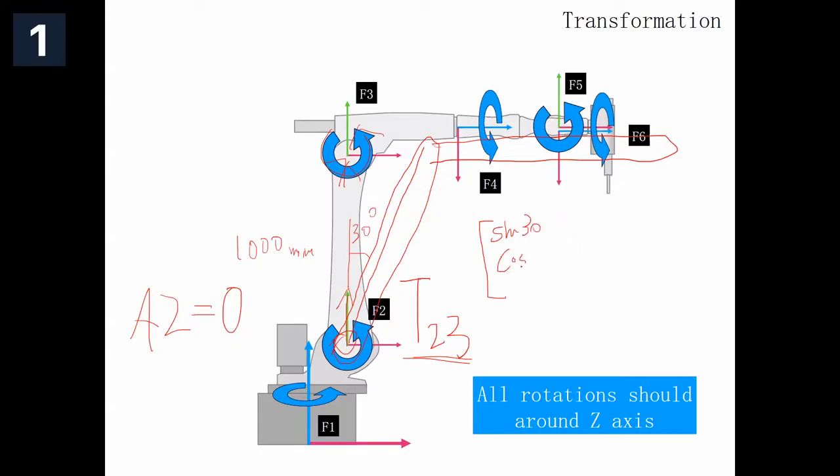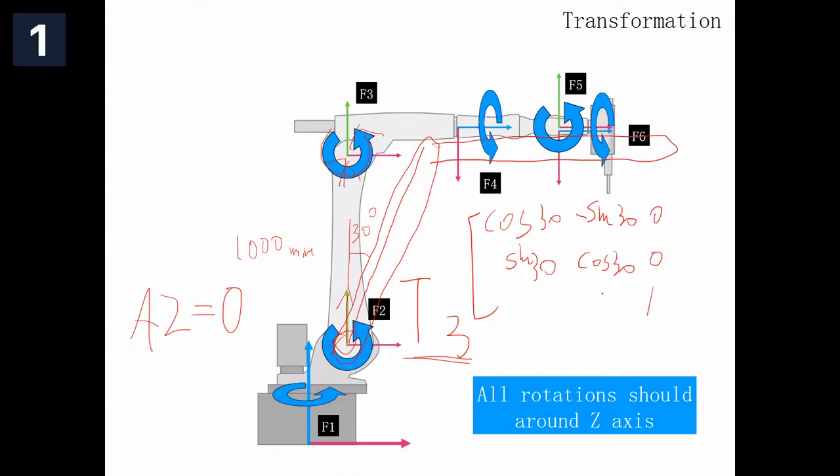This is cosine 30 degrees, this is sine 30 degrees, minus sine, this sine, this cosine 30 degrees, and this 0, 0, 1.